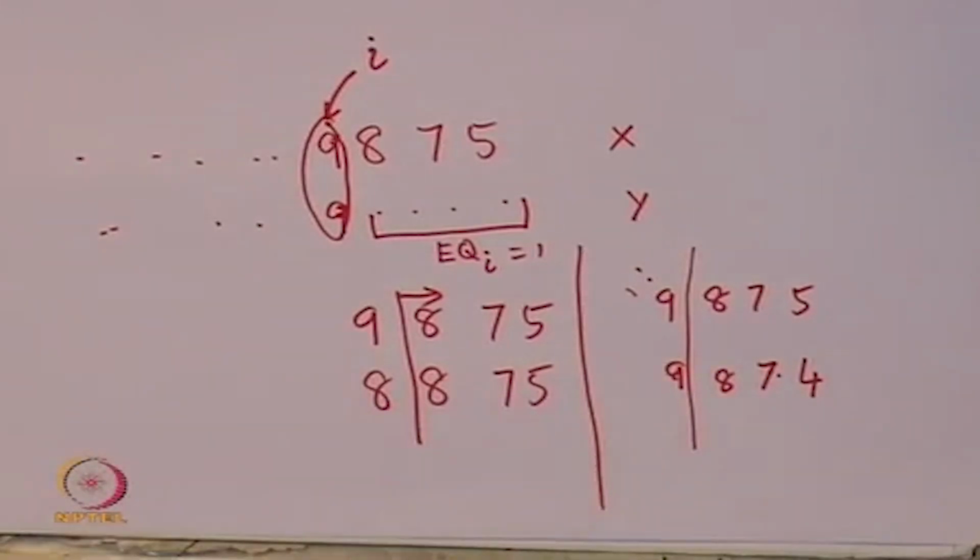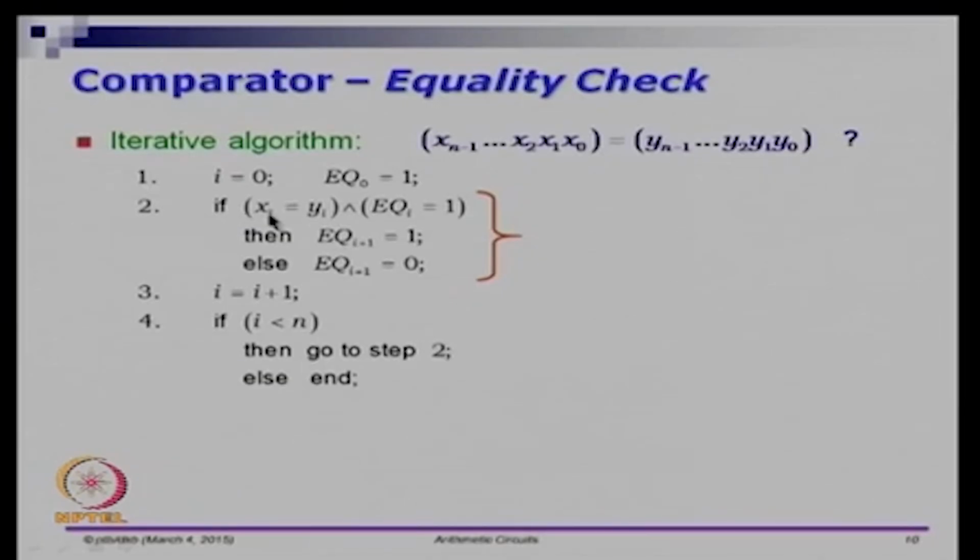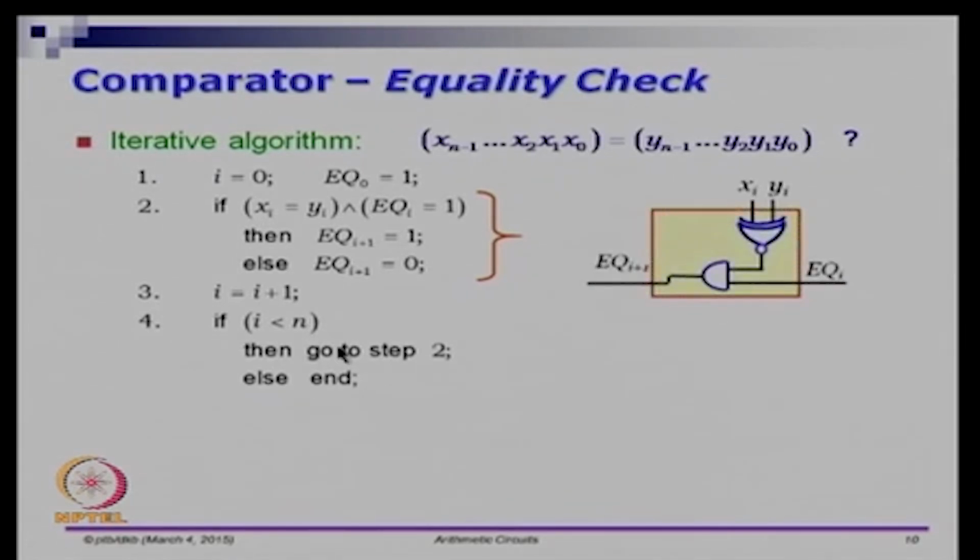So that is what you see in the algorithm here. Let us look at the algorithm once more. If xi is yi and eqi is equal to 1, for the next stage I can say that these two are still equal, otherwise I will say that they are not equal. And if i is less than n, go to step 2 and do this until all the i's are exhausted. So for one stage I can look at whether xi and yi are the same by putting in an XNOR gate.